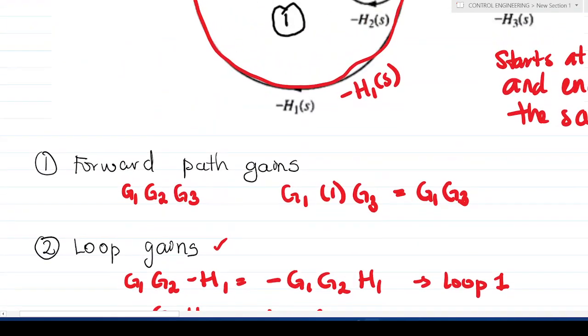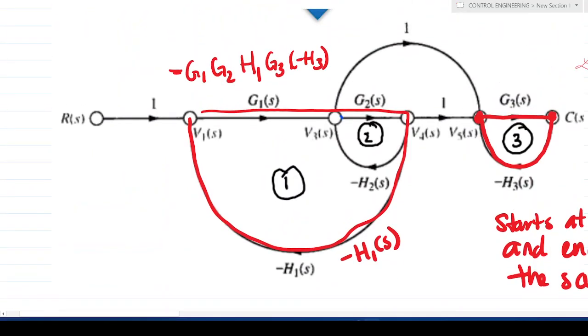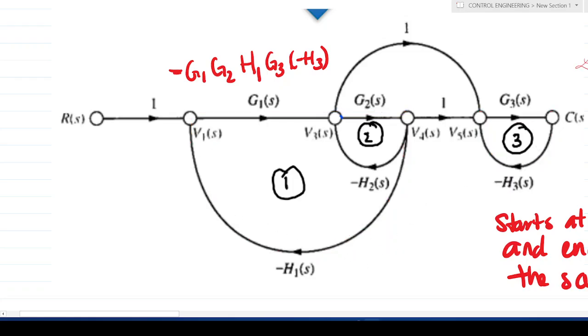Now let's get back to the graph and see if we can find another two non-touching loops. So let me erase this so you can see clearly. If you start from here, this is one loop. And we also go for the G3. You can see that these two loops are not touching.